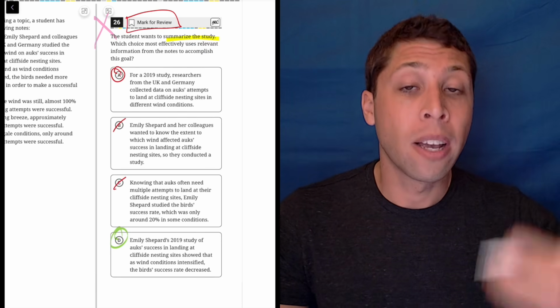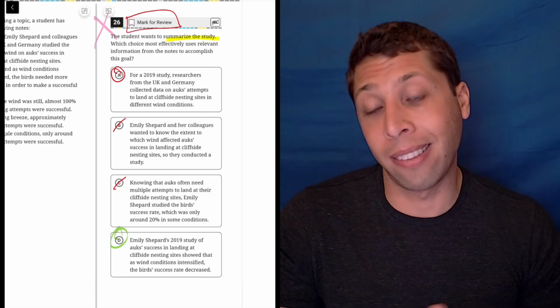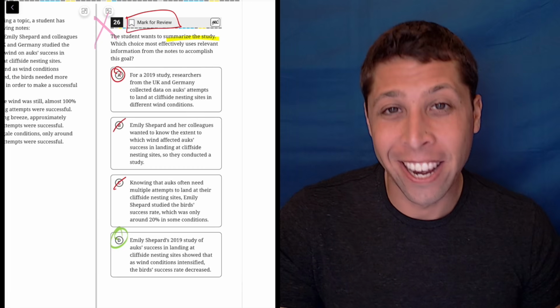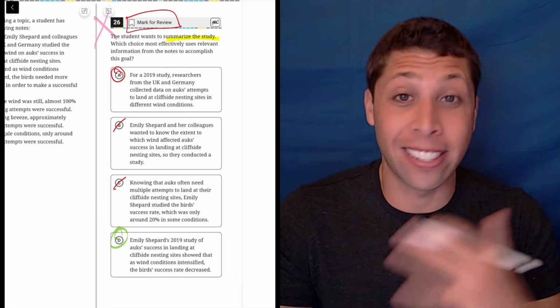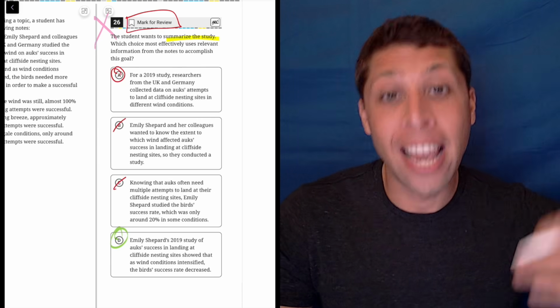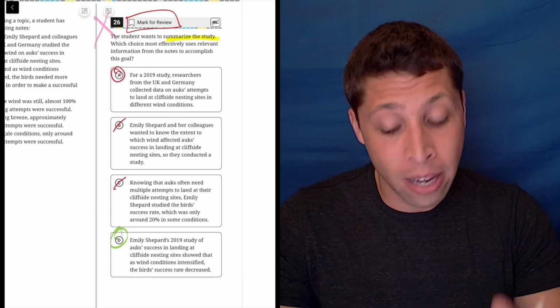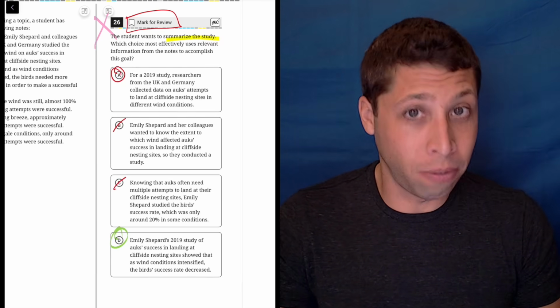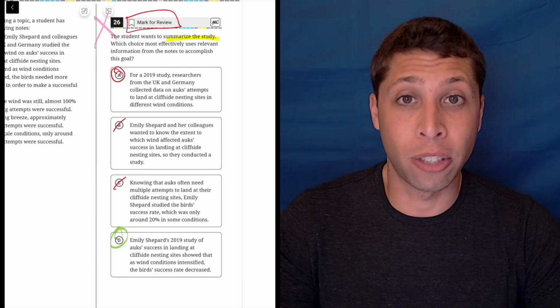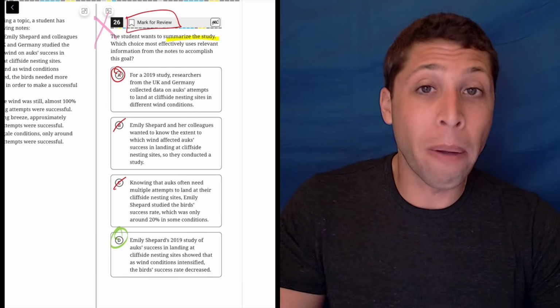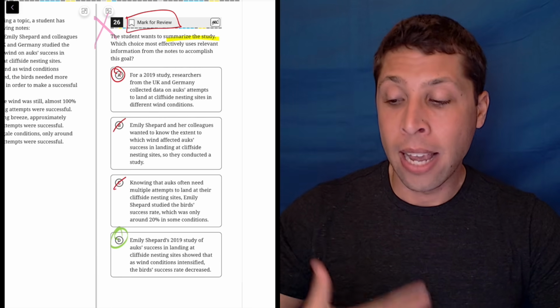So it includes the findings. And honestly, that's why I got rid of D when I was doing the question originally, is it didn't say to summarize the study and its findings. So I found that question was a little vague, but maybe for the future now I understand what is implied. And this is why we practice, so we can learn the language of the test and understand what they are after.